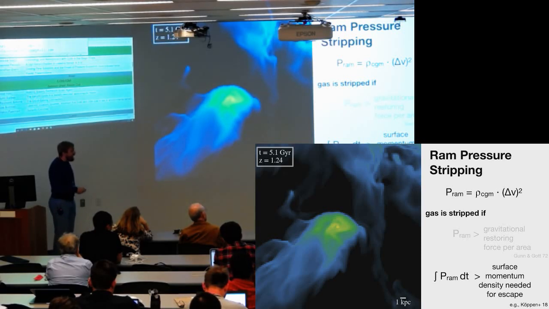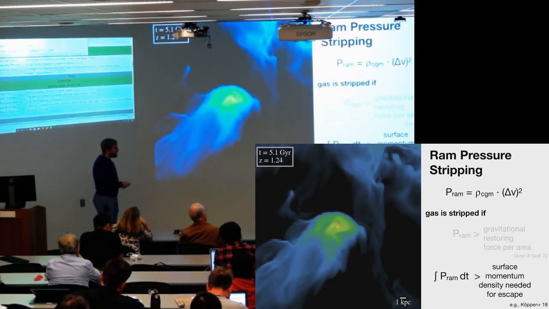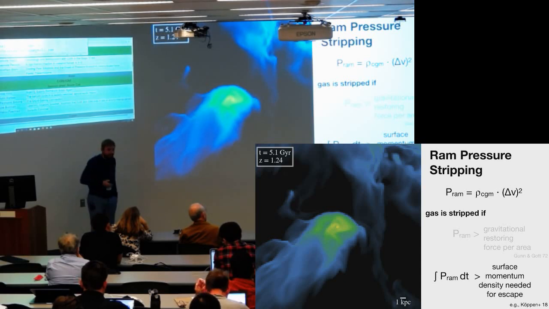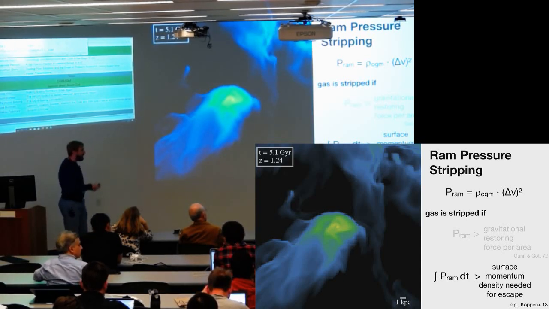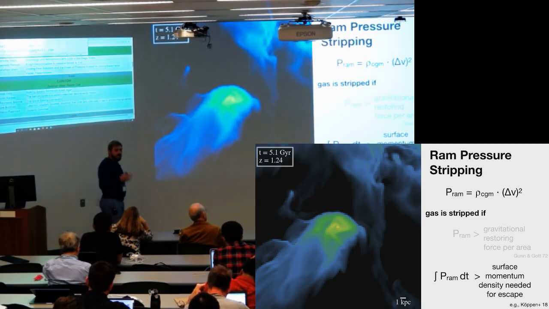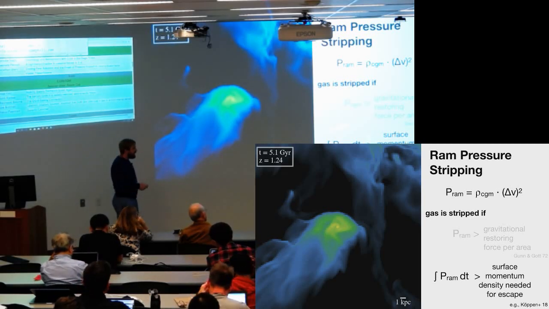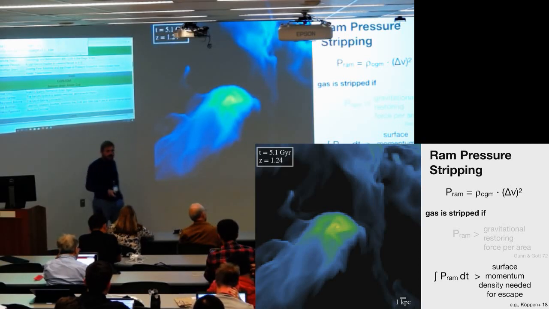That is to say, if you integrate the ram pressure over time, this gives you a momentum surface density that's imparted onto a gas parcel. And if that overcomes the surface momentum that you need to escape, then the parcel will be removed. So this lets us kind of integrate a trajectory.